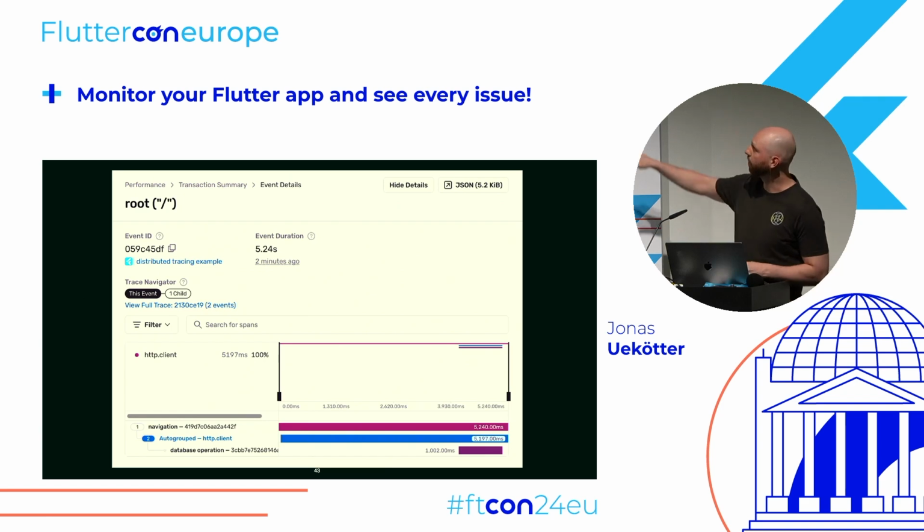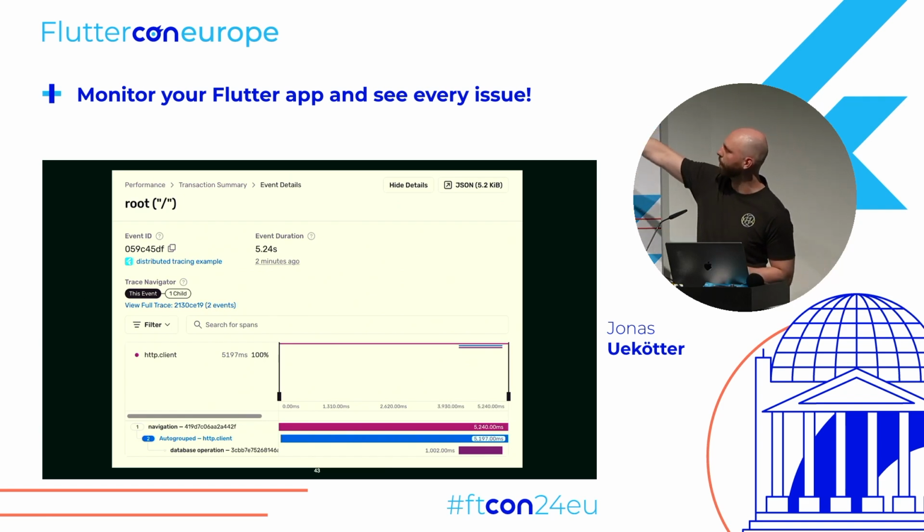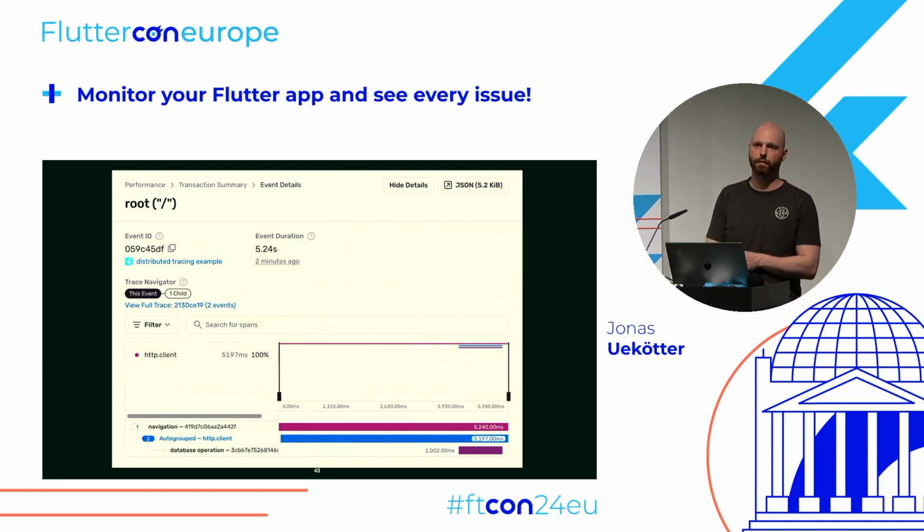But now we can see there's a huge nothing between the start of the HTTP span and the start of the database span. And that indicates that that's the part where we're getting slow. And now we know where we should start investigating and how to fix the slowness of our application.